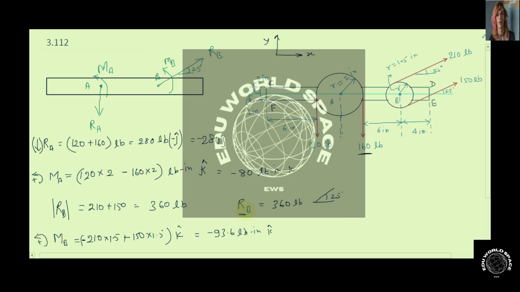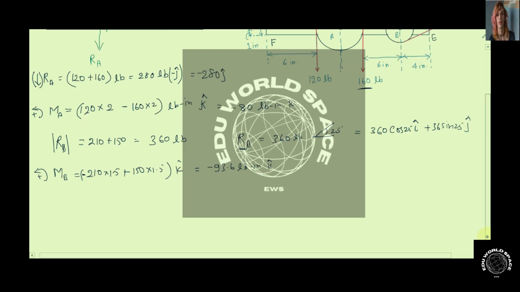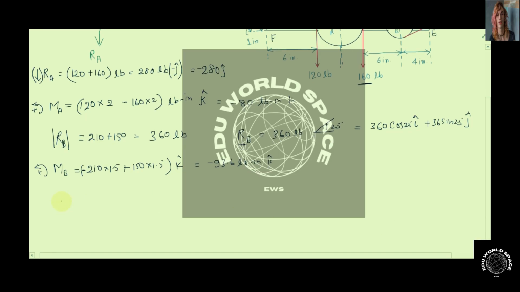Now we can see here that RB can also be written in the form of i cap and j cap as 360 cos 25 i cap plus 360 sin 25 j cap. They were asking in the first part for the equivalent force acting on this system.